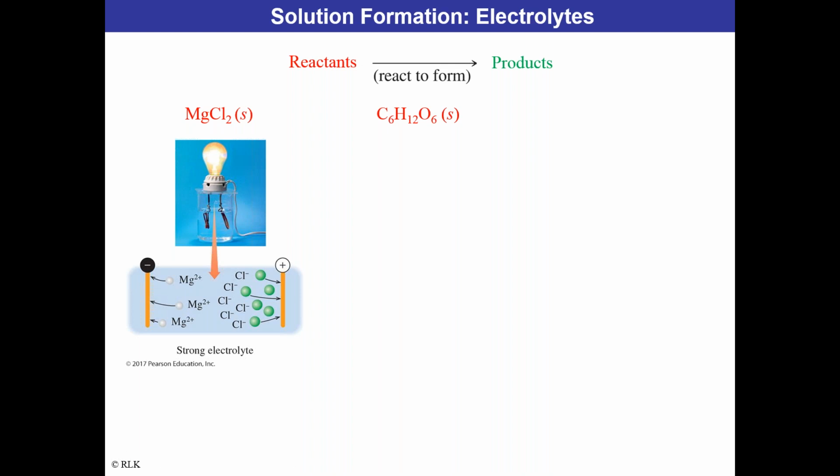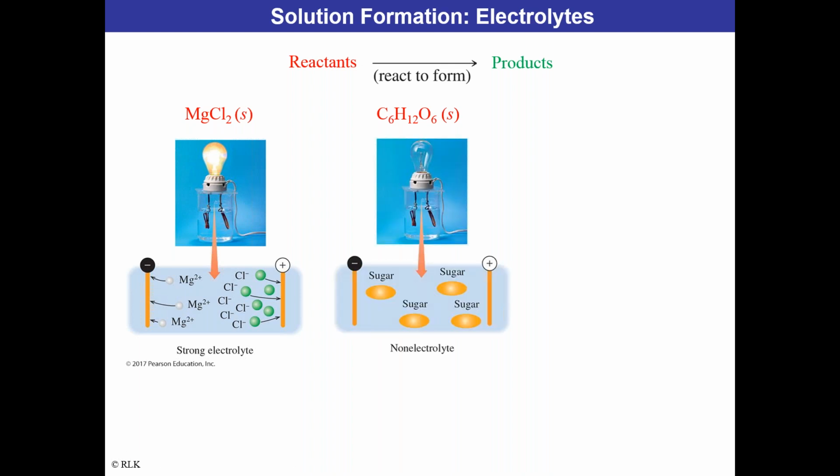If you had sugar, for instance, like what I'm showing here, and that were added into a solvent like water, I guess we have to be clear here, this is probably glucose, for instance. That's not going to illuminate the light bulb. This is not dissociating in any way.